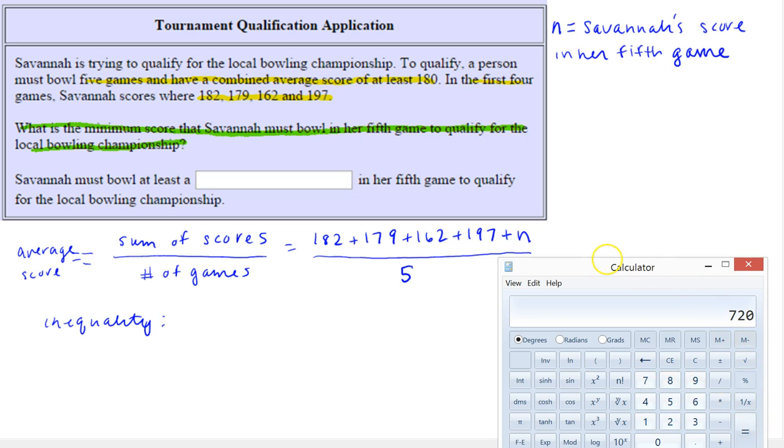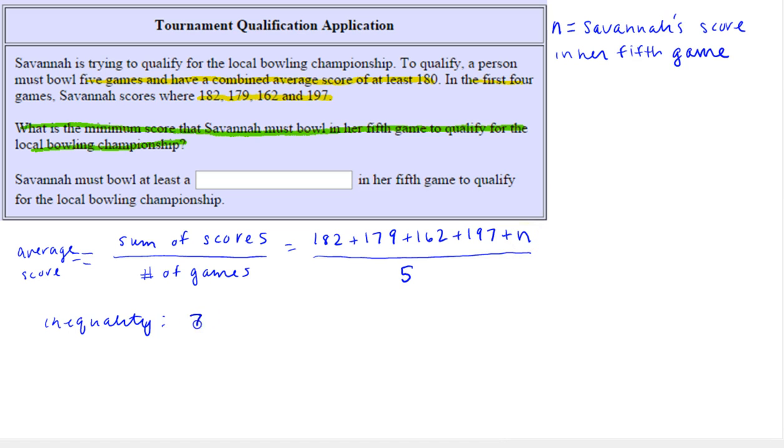That equals 720 plus N. So we have 720 plus N, all divided by 5, needs to be at least, so that means greater than or equal to 180. So it can be equal to 180 if her average score is exactly 180. That qualifies as at least 180.